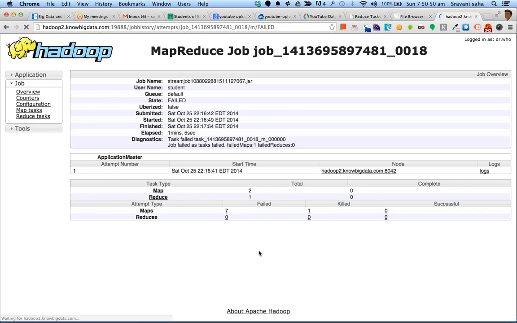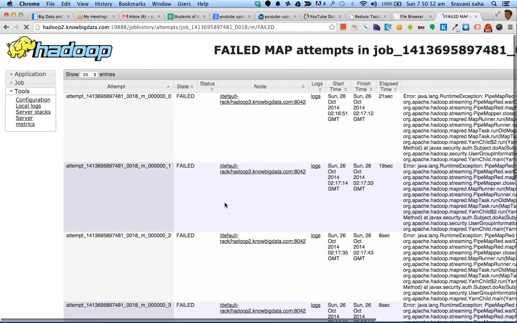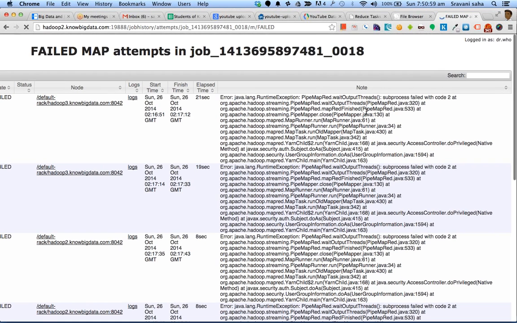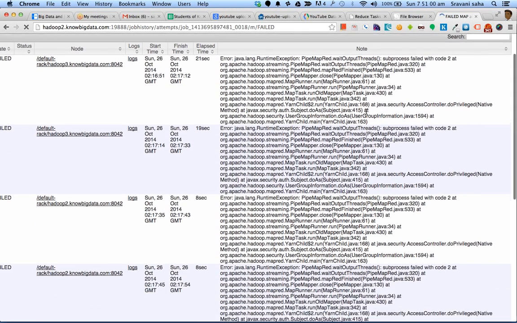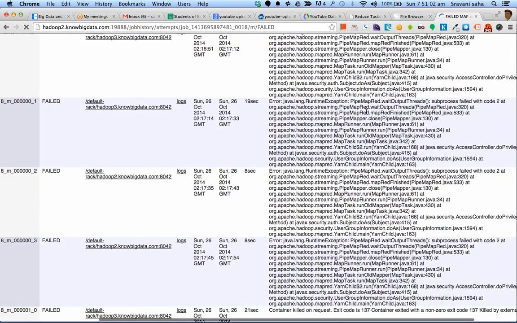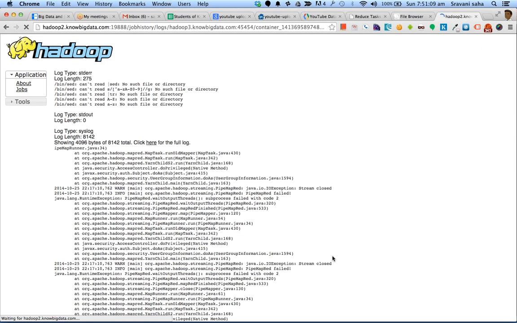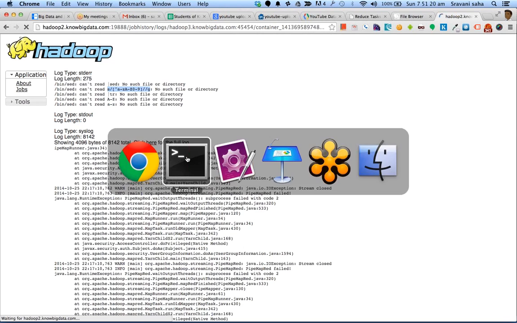One was killed, seven failed, and the error was sub-process failed with code 2. Okay, now see the logs. It says cannot read this. Okay, we were actually trying a wrong thing.